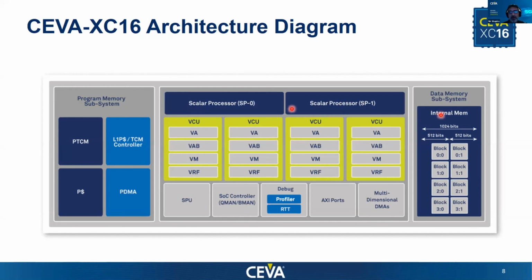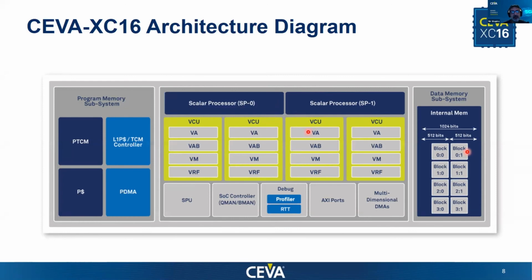The data memory subsystem has very wide memory bandwidth. It has altogether 2048 bits per cycle that you can fetch or store to the local memory. And as you can see, it is divided into blocks such that the two execution units can access the local memory simultaneously without any contentions.